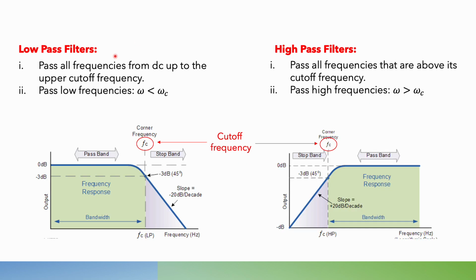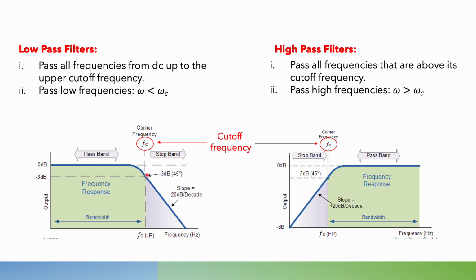Now let's look at what we learned about filters in chapter 3. We have the low pass filter and the high pass filter. The low pass filter passes all frequencies from DC up to the upper cutoff frequency. So what is the cutoff frequency? This is the cutoff frequency, the corner, and it usually lies at negative 3 dB.